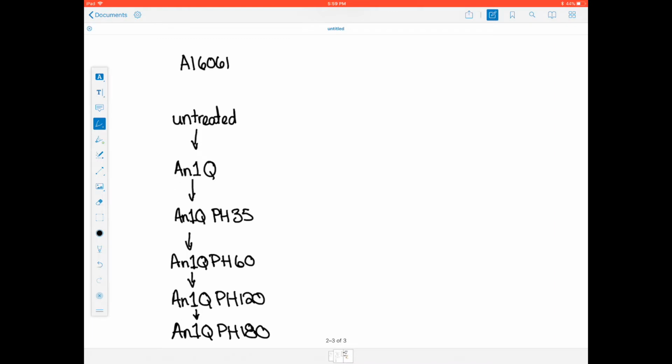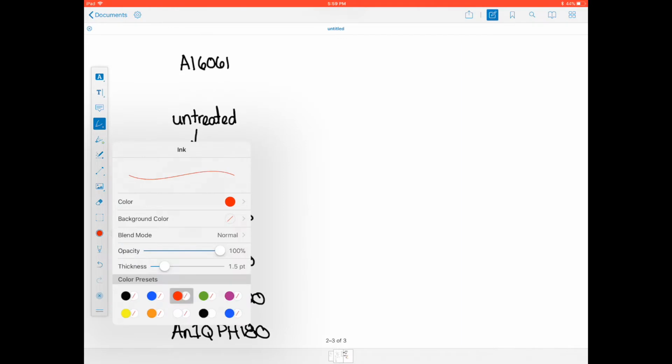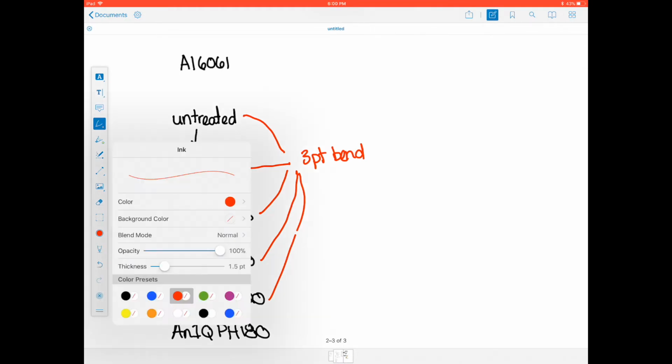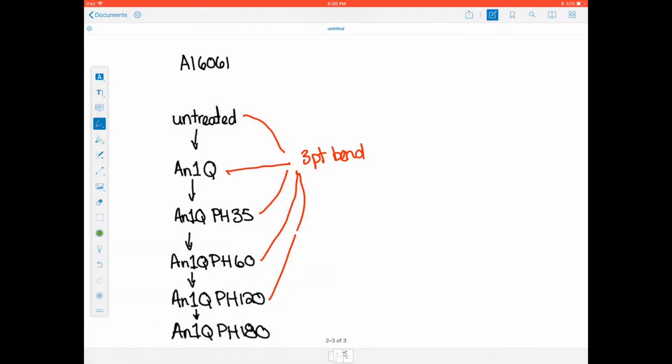So we took 3-point bend test data for 5 samples, and then we have Vickers hardness test data for 5 samples as well.